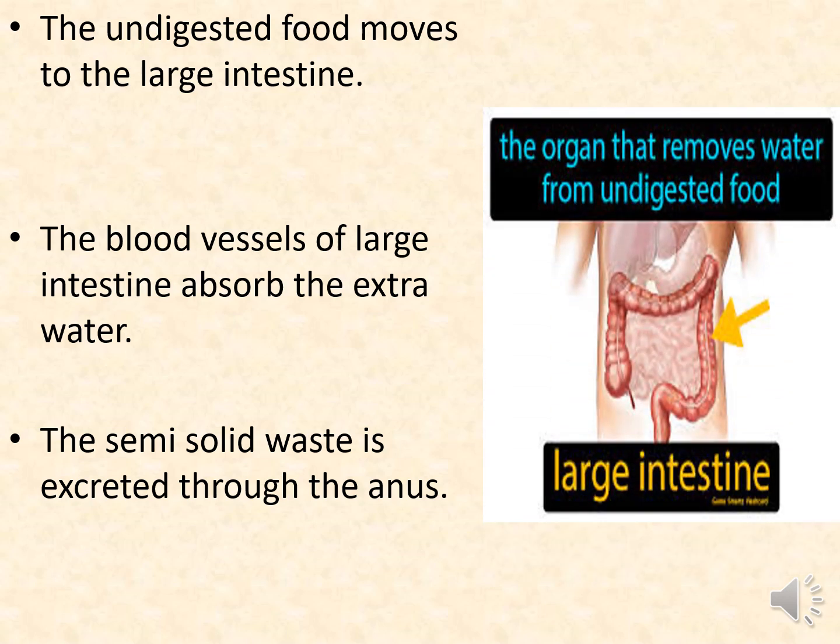You can see the diagram. Where is the large intestine present? The outer part. It removes water from the undigested food. Okay? It removes the undigested food through the anus. So this was about the digestive system. You can again go through the diagram and understand the process.